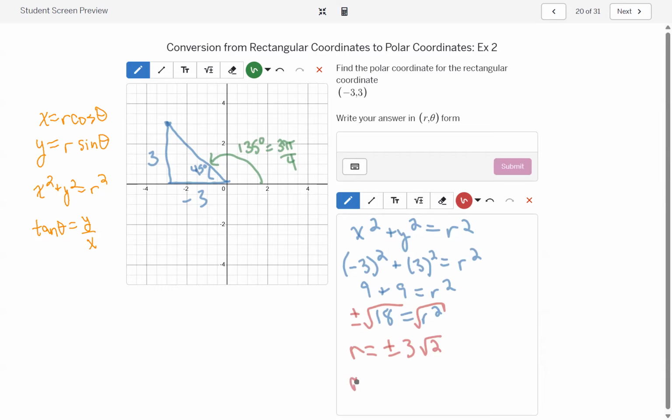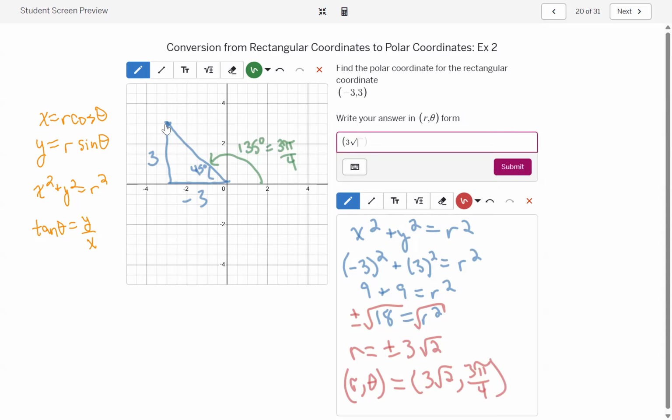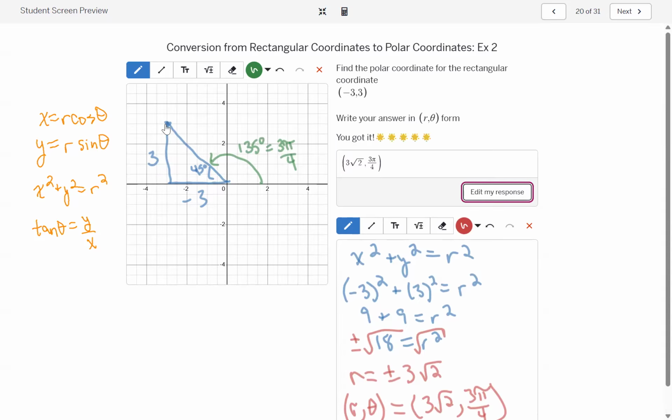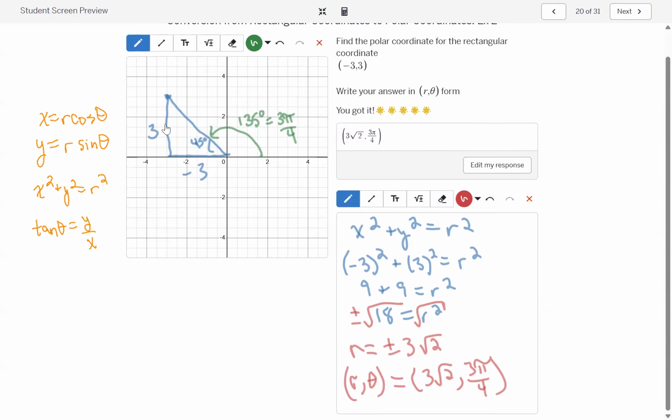So my r theta point is positive 3 square roots of 2, comma, 3 pi over 4. So just a slightly different way of getting to that same answer that Amplify wanted.